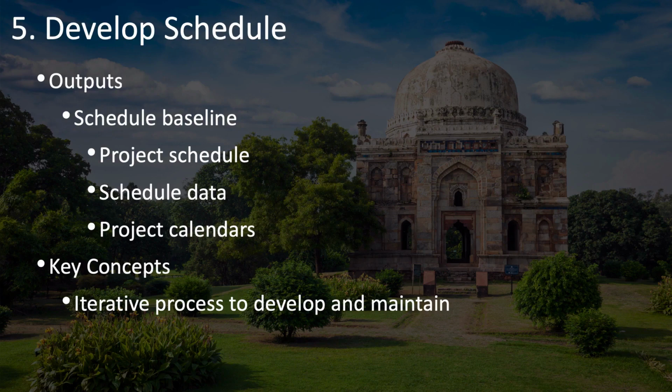This process of developing the schedule, as with other processes, in planning especially, is a very iterative process to develop and maintain the project schedule throughout the life cycle of the project.